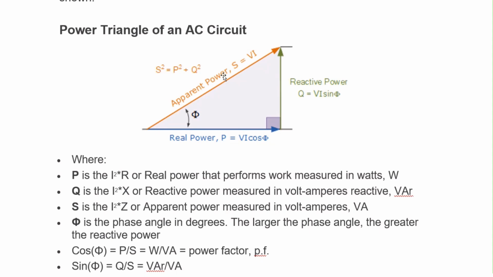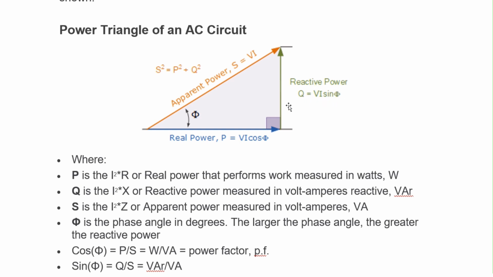Apparent power is represented by S, and that is equal to V into I, and it is measured in volt amperes, as I told you earlier. And reactive power is Q, VI sin theta, or VI sin phi.